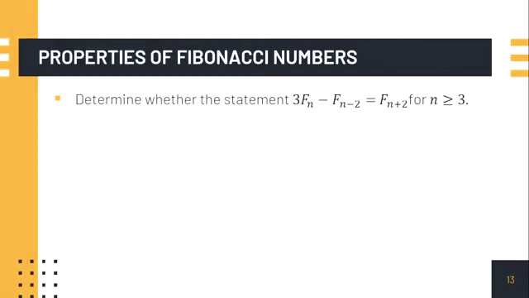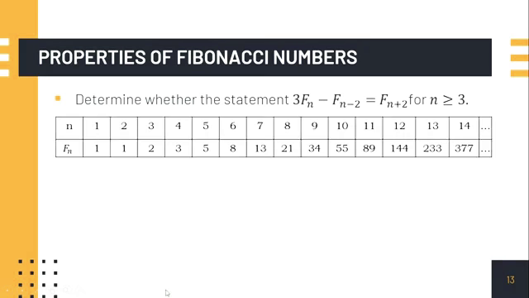properties of Fibonacci numbers. So, first, determine whether the statement 3 times f sub n minus f sub n minus 2 is equal to f sub n plus 2 for n is greater than or equal to 3. So, dapat kapag yung n is greater than or equal to 3, so dapat kapag sinubstitute natin dito any number greater than or equal to 3, dapat ito yung lalabas.